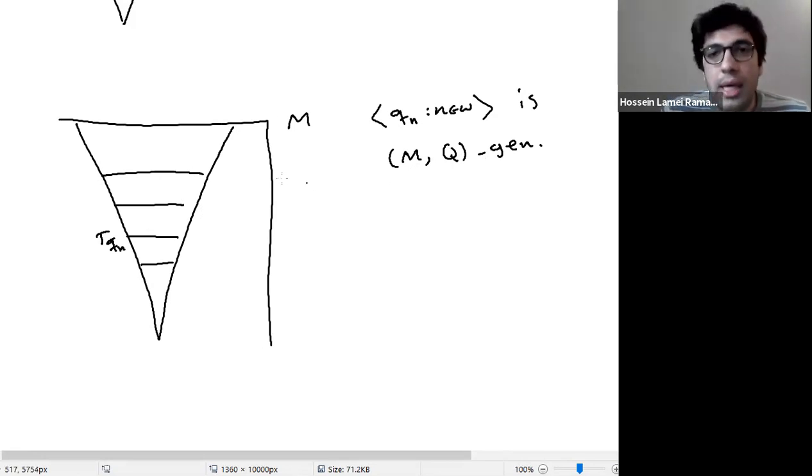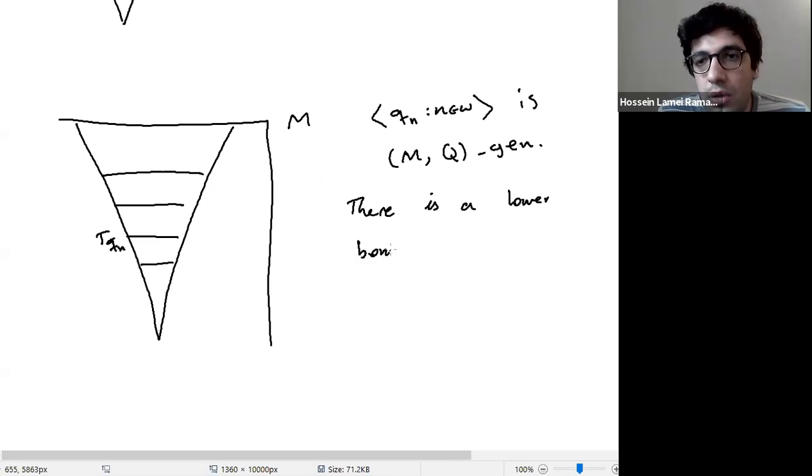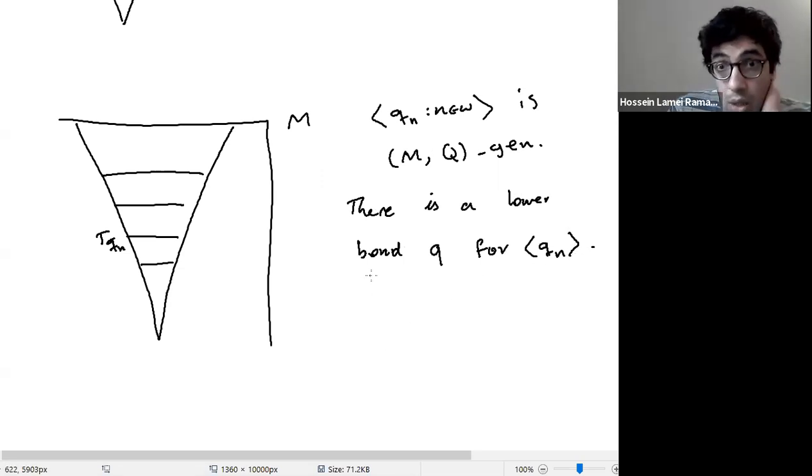If we define a lower bound, of course, because it's sigma-closed, there is a lower bound Q for QN.